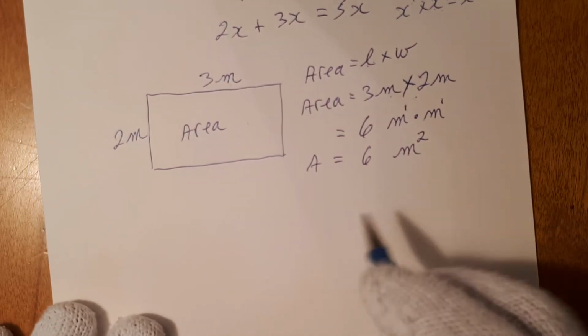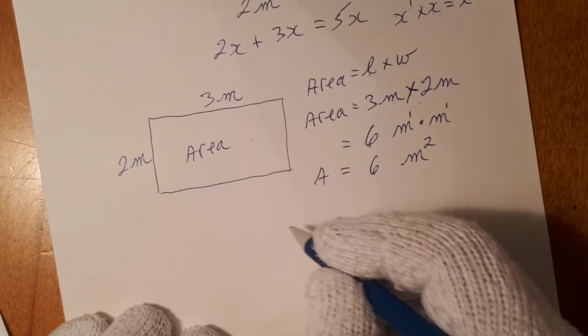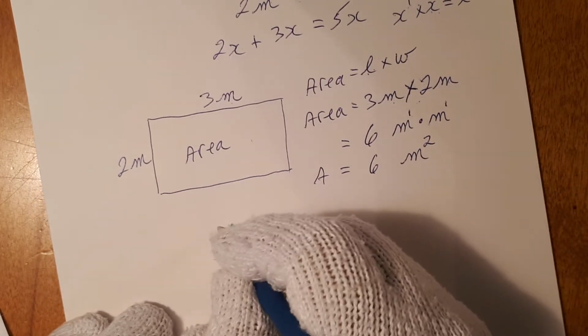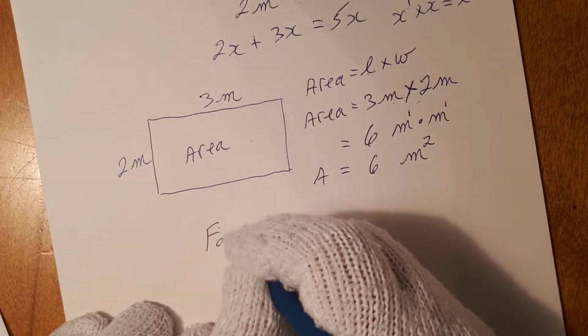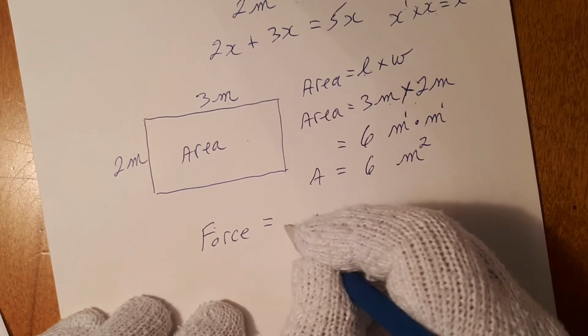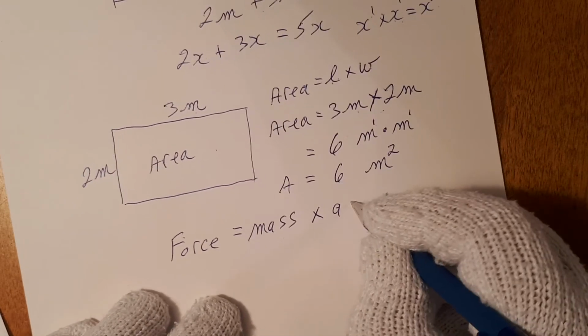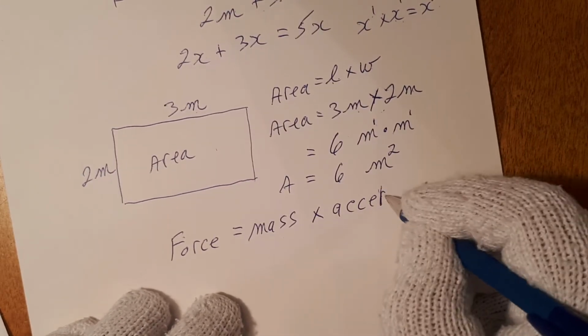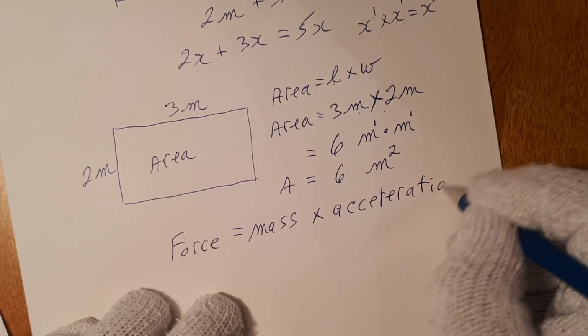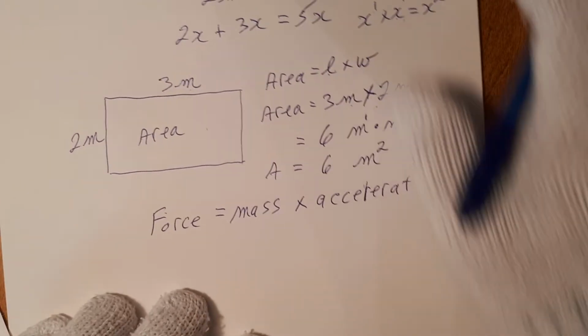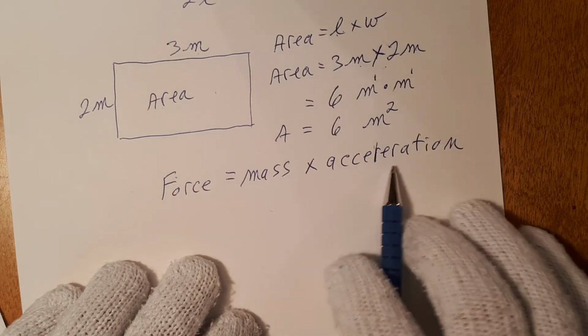Consider one more example. This is Sir Isaac Newton's second law of motion, where he writes the force is equal to mass times acceleration. Now we're interested in the units, not so much the numbers.